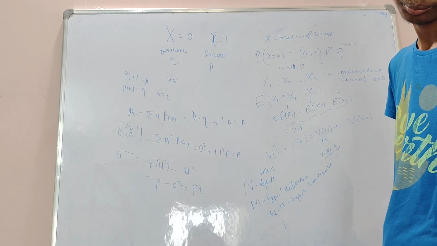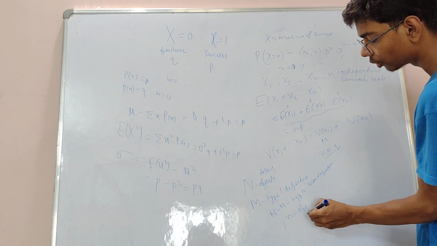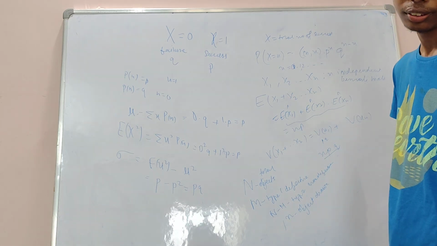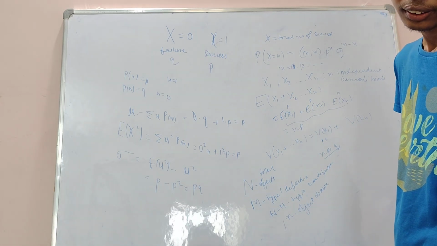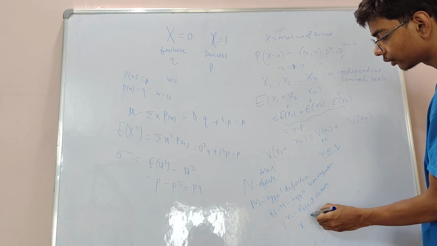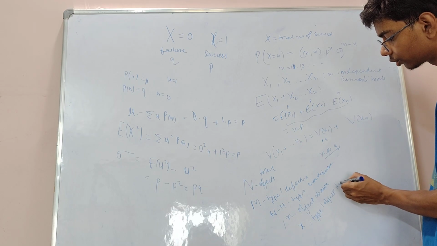There are small n objects drawn, and x is the number of type 1 objects drawn.